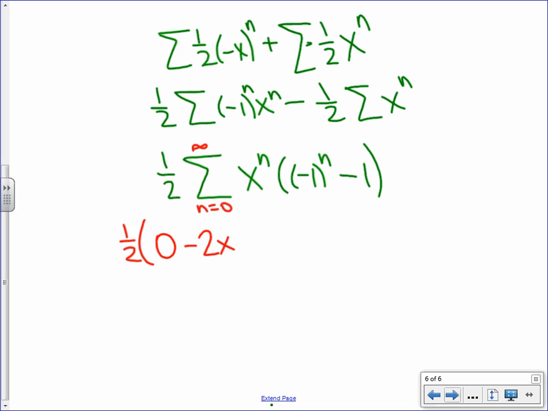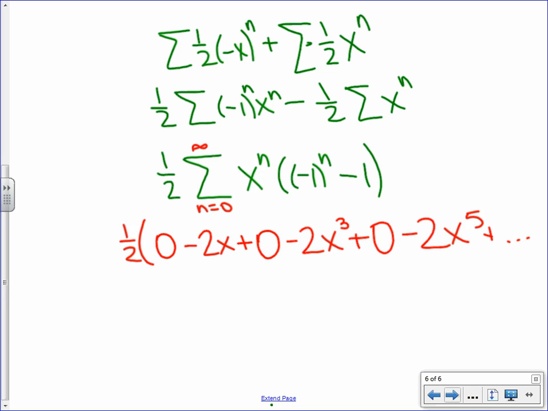When we plug in 2, when we plug in 3, are you seeing a pattern? Yeah. And then multiply it all by 1/2. So it's really negative x minus x cubed minus x to the 5th, right?